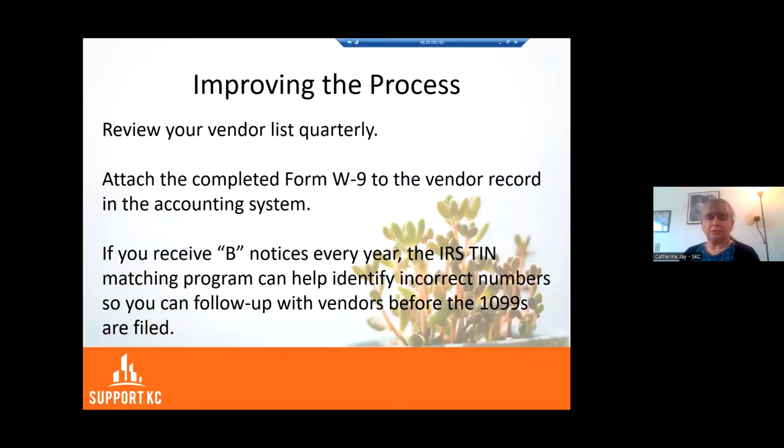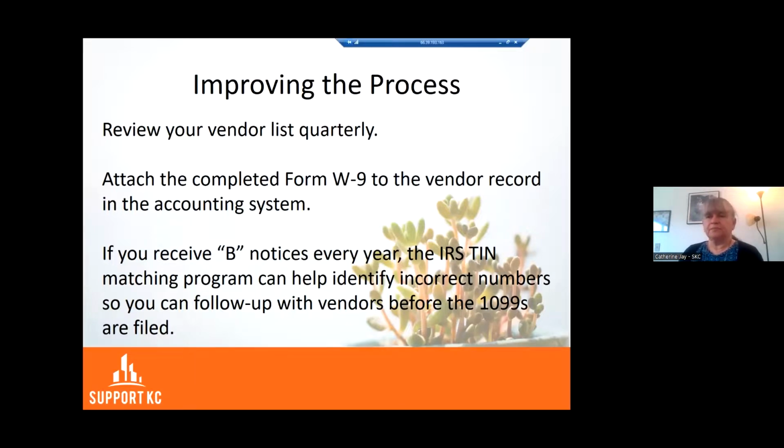They will not tell you what the correct number should be, but at least you can narrow down and investigate and follow up with those vendors where the IRS is saying it doesn't match their records. You can go online to irs.gov and sign up for that program, and it will give you instructions there on what information the IRS needs to set up an account for you.